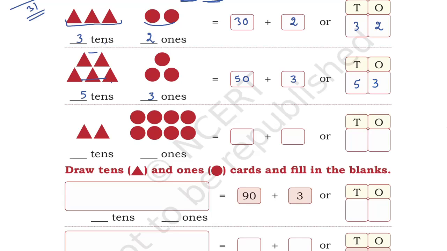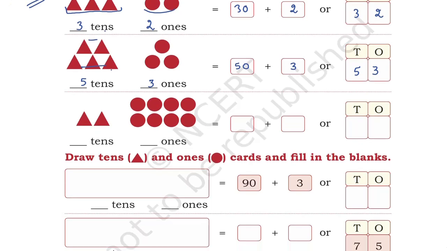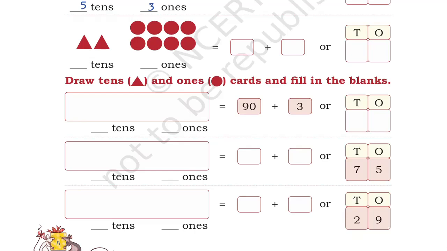You're doing very well. Let's keep moving forward. How many tens? I see 2 tens. And how many ones? 4 on top and 4 below. A total of 4 plus 4 makes it 8 ones. So 20 plus 8, that makes it 28.